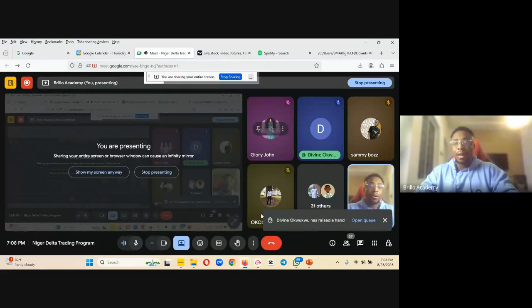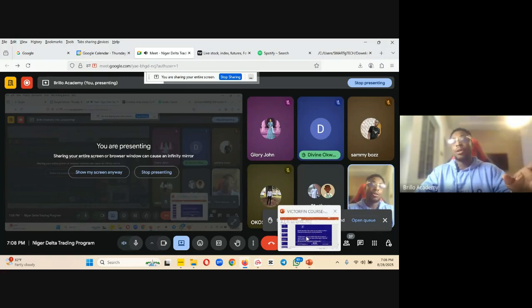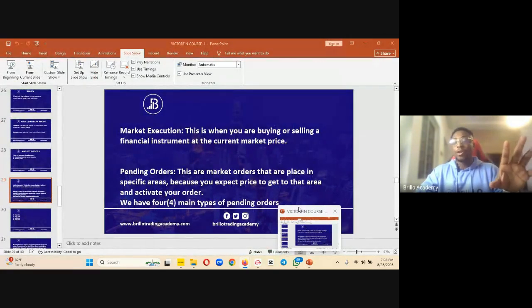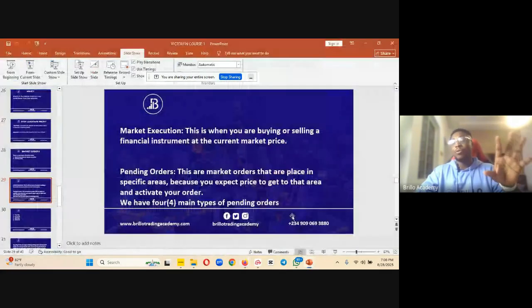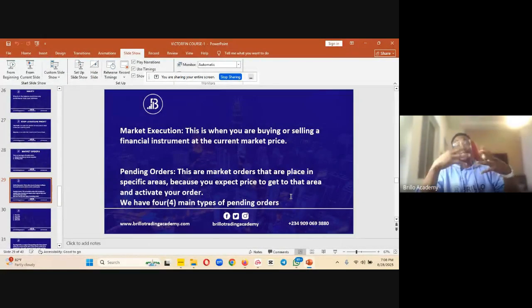It's a pending order. You believe that price is going to get to a certain level before you make a decision. So you go there and set the pending order, and once the price gets to that zone, it activates and buys or sells.